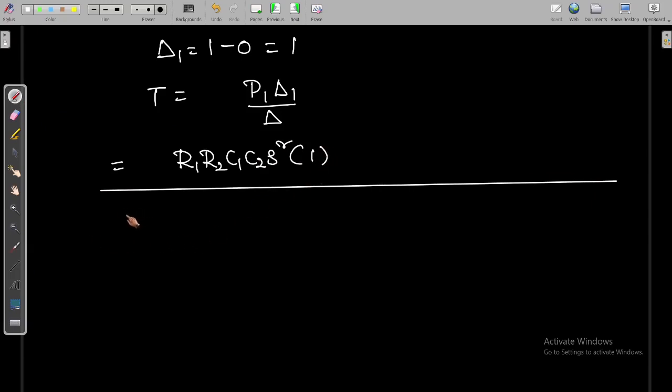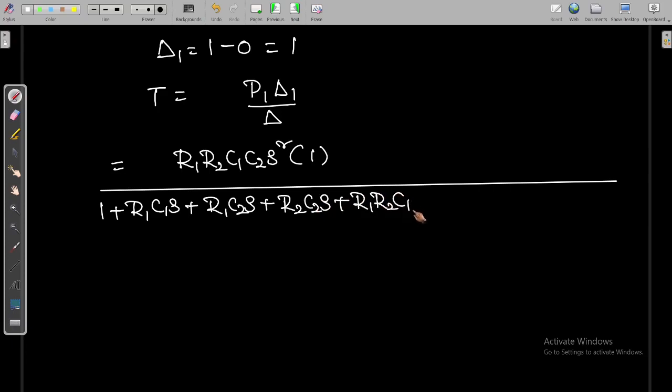Next you are having a delta here, delta can be written as 1 plus R1 C1s plus R1 C2s plus R2 C2s plus R1 R2 C1 C2 s square, that is the delta here. So now you got the overall transfer function of the given electrical network.